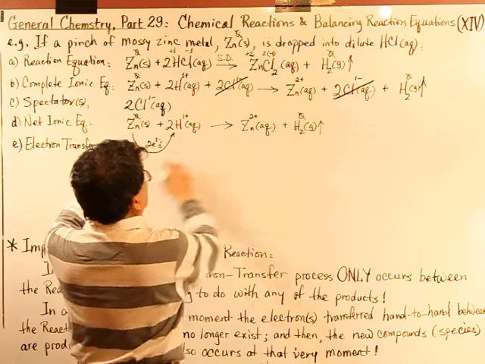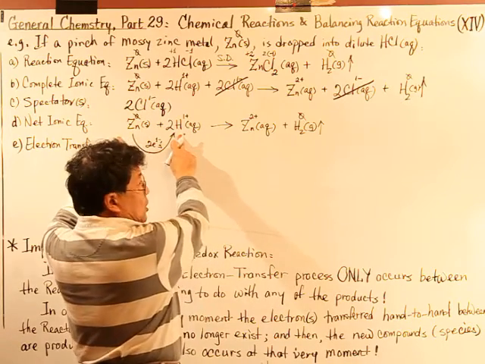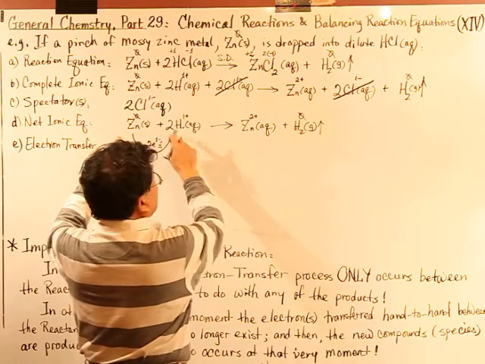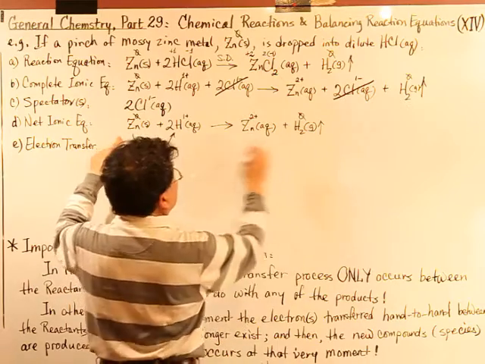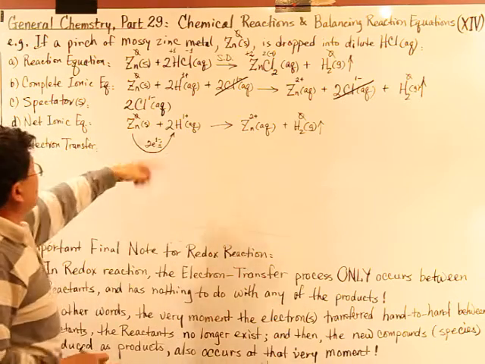After zinc loses 2 electrons, it becomes zinc 2+, and the 1+ charged hydrogen cations each gain 1 electron, and the 2 of them become 0 charge. So this is the transfer process between these two.